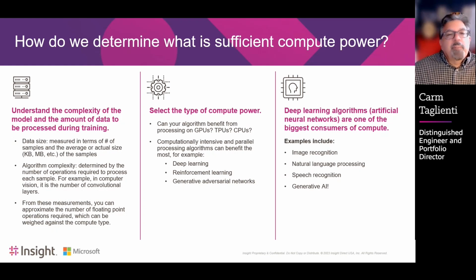And it takes a lot of computing power to be able to do it. And so in order to be able to understand the complexity of that is really the beginning part of where you start. So if you can say the model is complex, or you understand the complexity of the model, then you can start to get a feel for how much computing power do I need in order to make this happen.